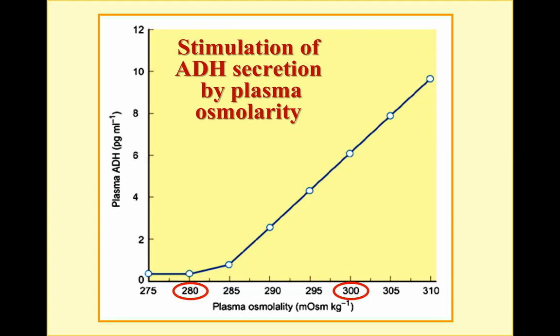And any elevation of osmotic pressure within this normal range immediately, proportionally increases the secretion of ADH. And further elevation out of the limits increases it even more and more. So you see, ADH directly depends on osmotic pressure.